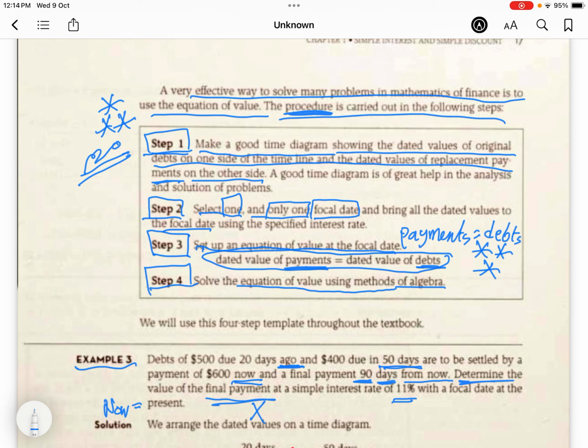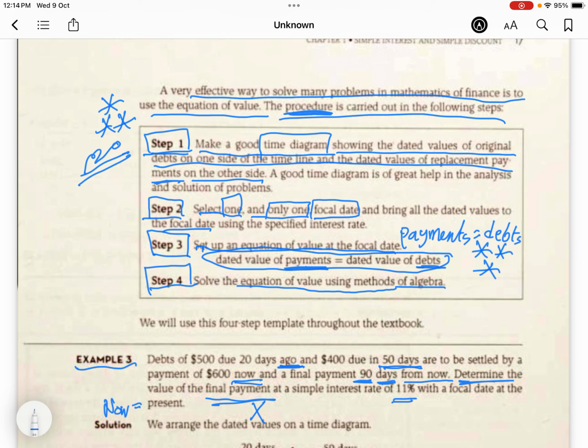Step 1, make a good time diagram showing the dated values of original debits on one side of the timeline and the dated values of replacement payment on the other side. A good time diagram is of great help in the analysis and solution of problem.